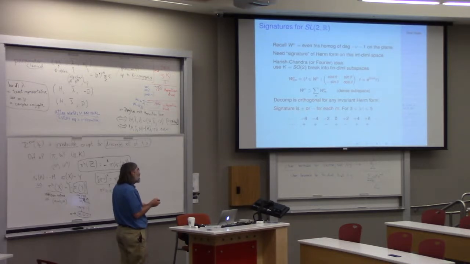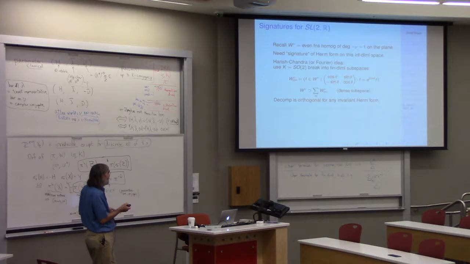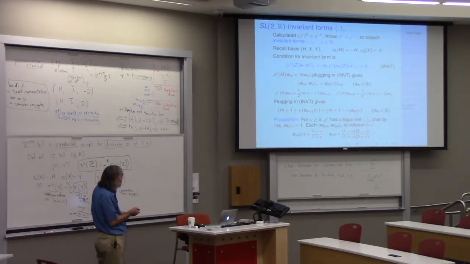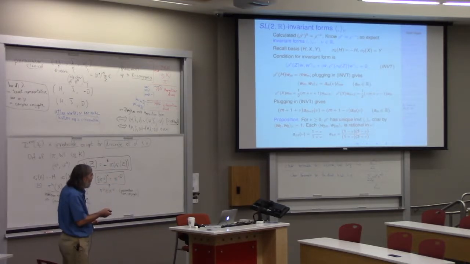In fact, positive or negative or 0 on each m. If I look at this form again, the form is 0 on all these A plus or minus 2, plus or minus 4, and so on, when nu is equal to 1. So if nu is 1, all these constants are 0, and only the W0 survives.